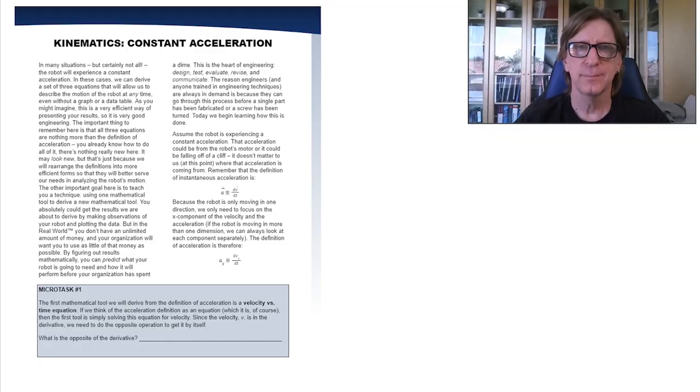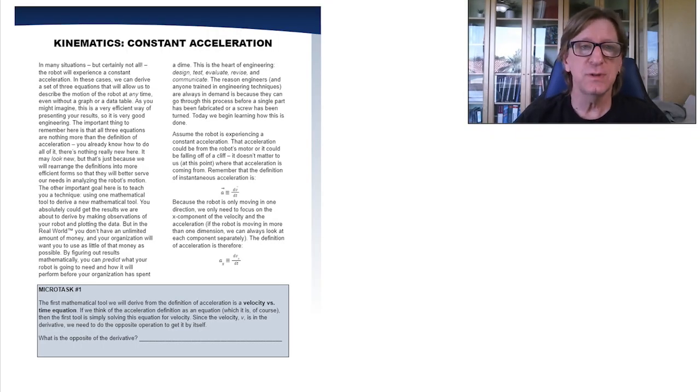So we've got to find that balance, and I'm going to give you some ideas of how to do that. From here on out, you're going to want to make a flipbook page for every single new tool or equation that we derive in this class. That way you've got everything in your little book. When it comes time to do the exam, you'll have everything that you need right away. All right, let's get started.